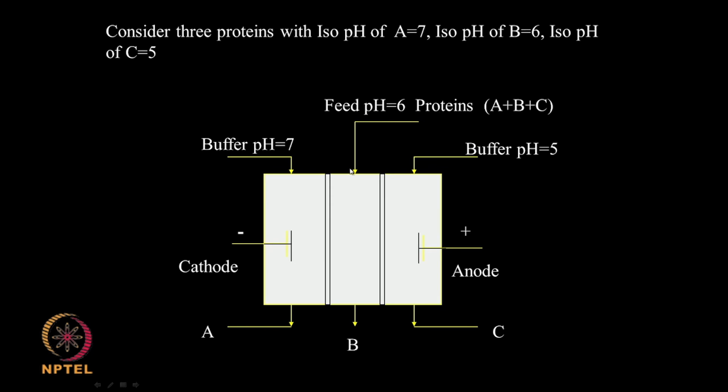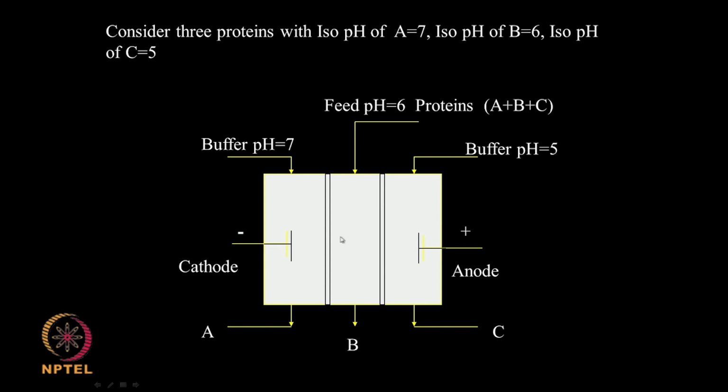So, when it is fed here, you are applying a voltage, okay, you have an anode here, you have a cathode here, okay, when you are applying a voltage, now this zone has a pH of 5, this zone has a pH of 7 and you are applying a positive charge and a negative charge. So, what will happen? Protein C will try to move to this compartment, and once it moves the charge gets neutralized because isoelectric pH matches with the pH of 5.